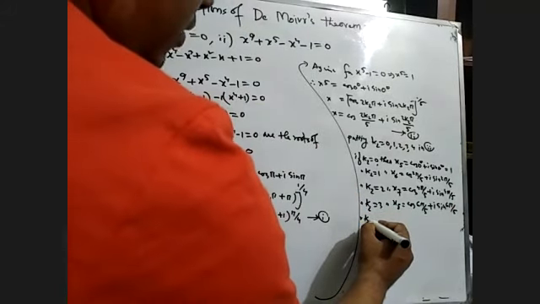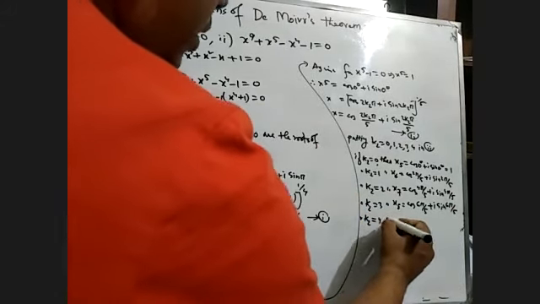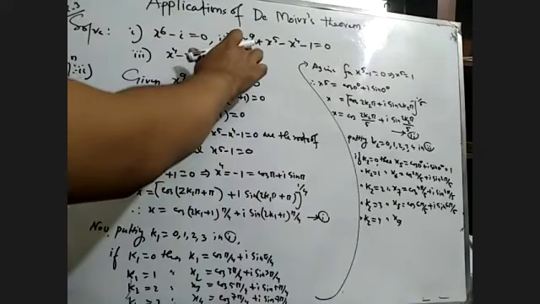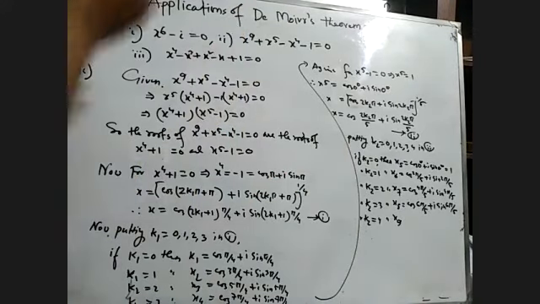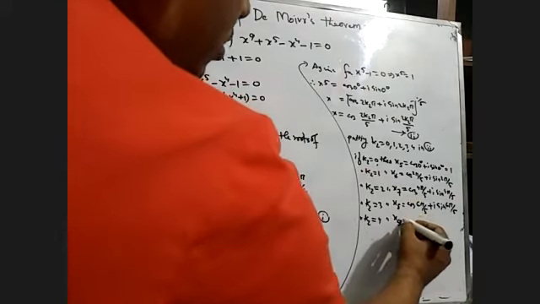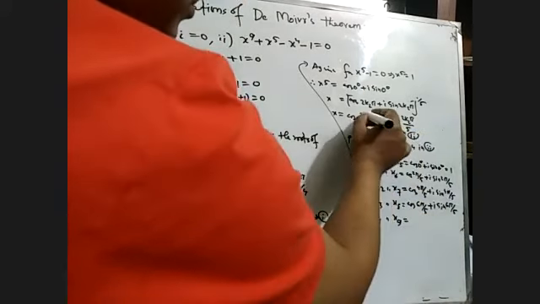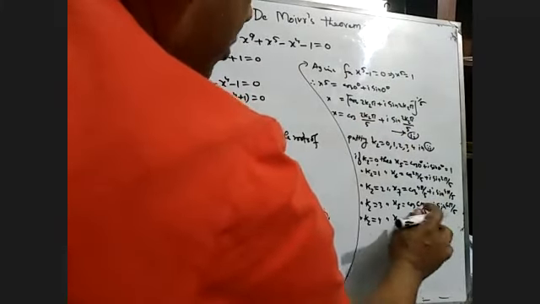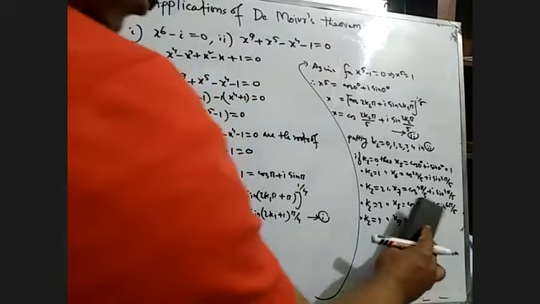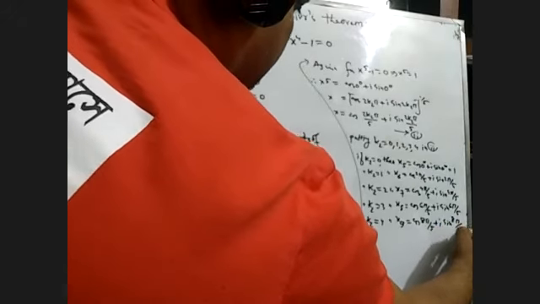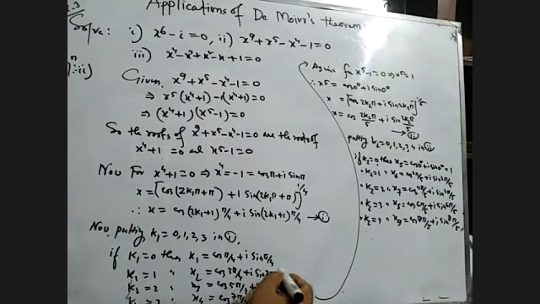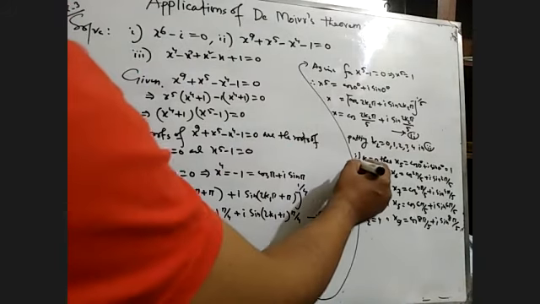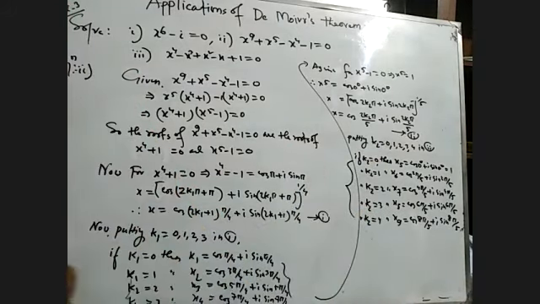Now the last one, if k2 equals 4, then the ninth root. The highest power of the second equation is 9, so this equation must have 9 roots. So the last root, or ninth root, for k2 equals 4 is cos 8 pi by 5 plus i sin 8 pi by 5. These are all the results. There are 4 roots and there are 5 roots. 9 roots will be the result.